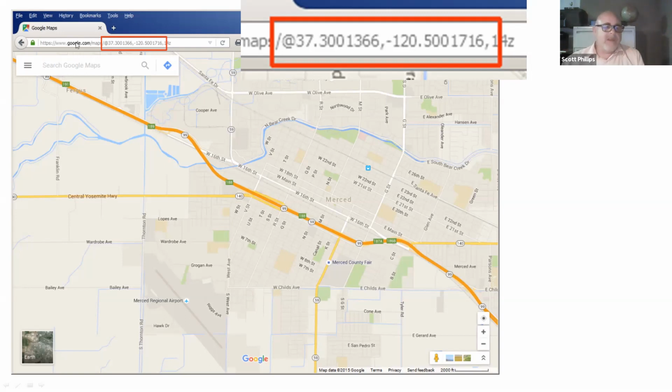And so this way, if I copy and paste that link and send it to somebody, they will end up looking at the same location because the link included the latitude and longitude. So we use latitude and longitude every day, but it's behind the scenes in Google Maps, navigation, and anything that has what we call location services. Your apps knowing where you're at, that's using latitude and longitude.